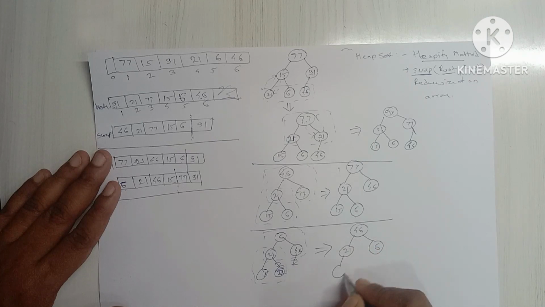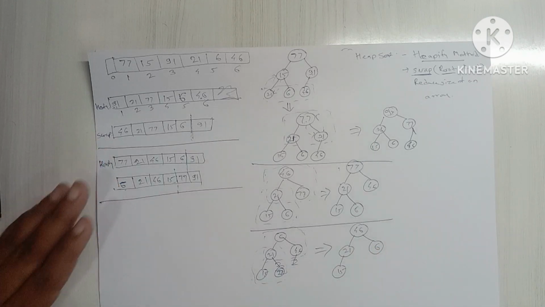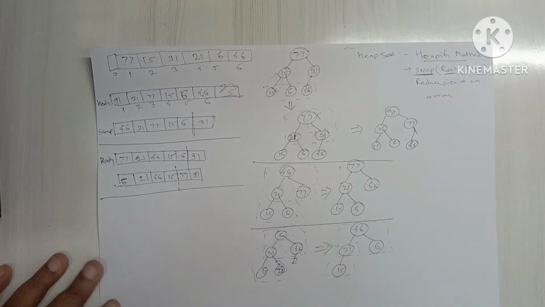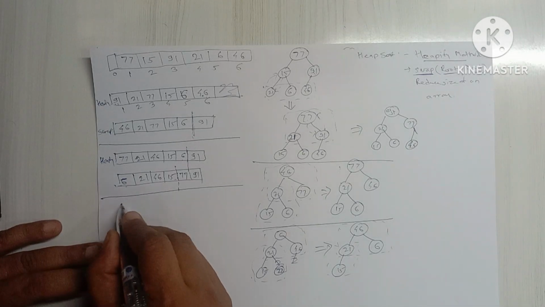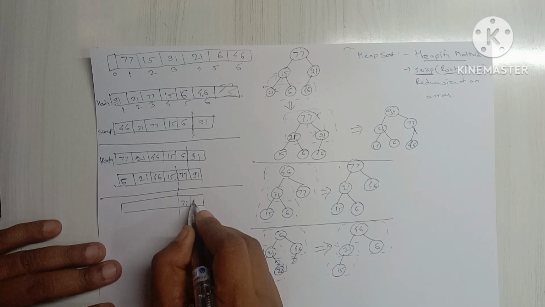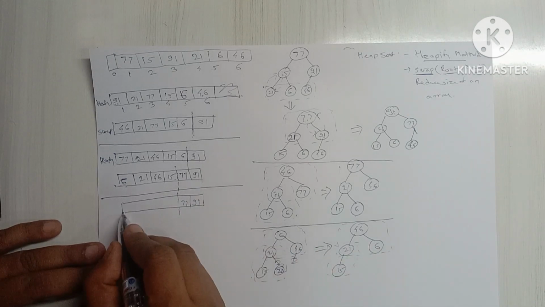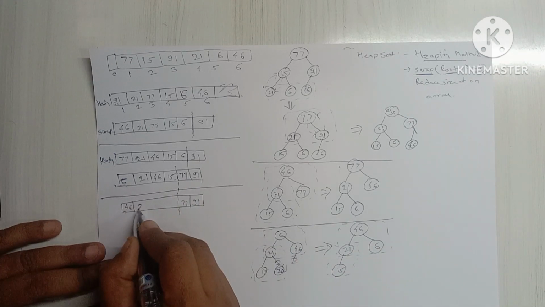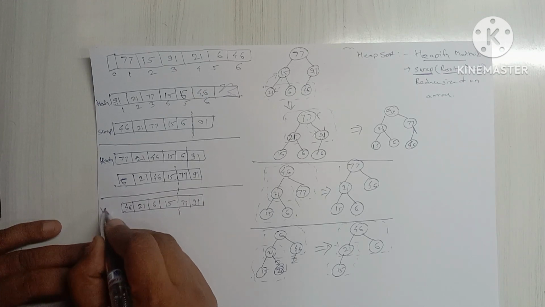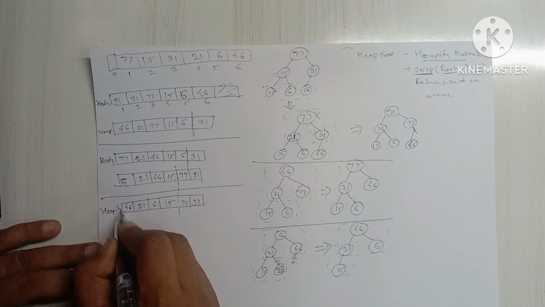Here is the 21 and here is the 15. So check whether it is a max heap or not. Yes, this is the max heap and this is also max heap. Okay, so after applying Heapify method, we'll get this tree like this: 46, 21, 6 and 15. Here we have applied Heapify method.